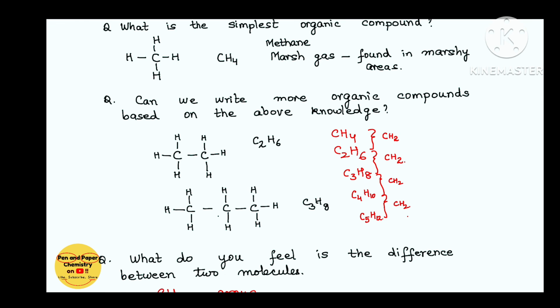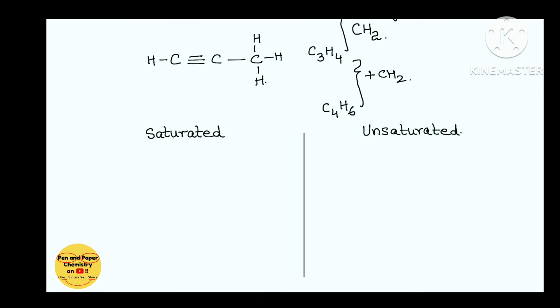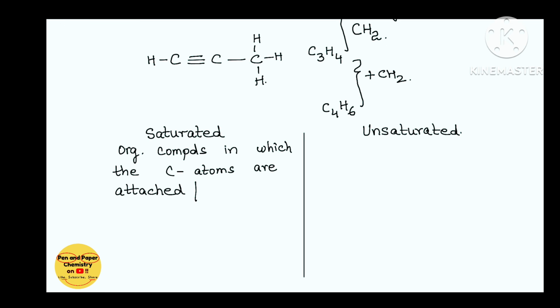So how will you define saturated compounds? We did it earlier. That is compounds, more specifically organic compounds, in which the carbon atoms, yes, I am also writing, please you also write it down, are attached or more specifically bonded by single covalent bond.